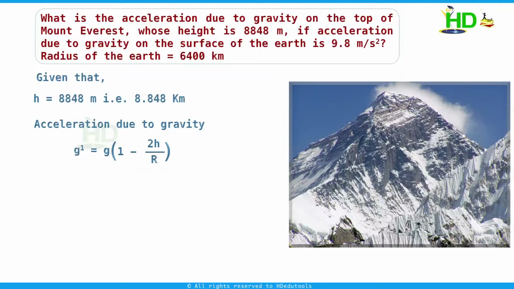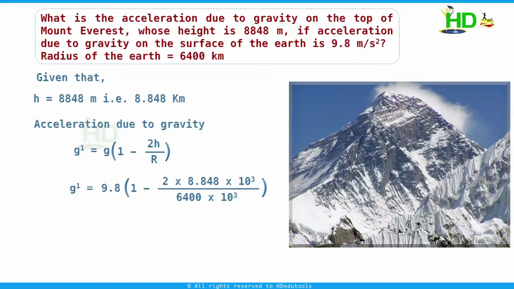Now substituting the values of h, r and g. In our problem, g is 9.8 meter per second square, h is 8,848 meter or 8.848 kilometer, r is 6,400 kilometer. Now g prime equals 9.8 into (1 minus 2 into 8.848 into 10 power 3 divided by 6,400 into 10 power 3).